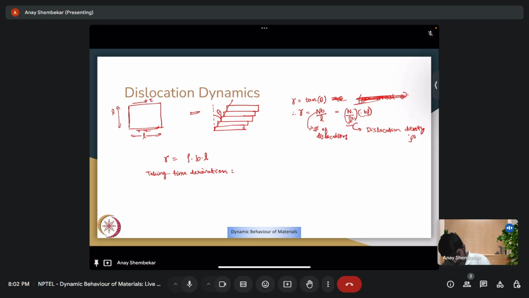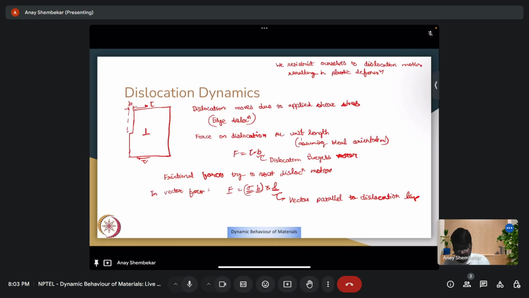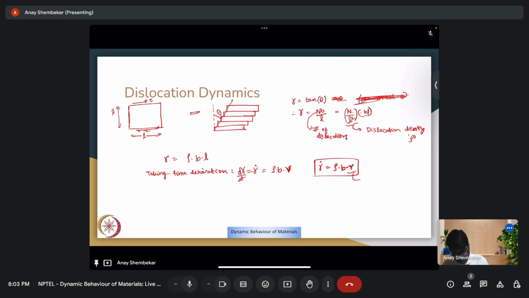So you have gamma dot, gamma by dt, equal to rho b times v. This v refers to how fast the dislocation moves ahead, so the dislocation velocity.